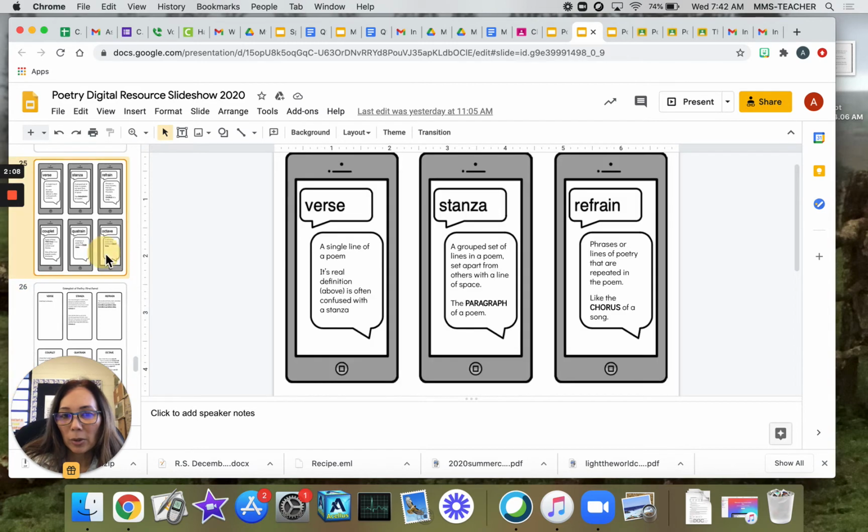Okay, the next term that we're going to go over is called refrain. The definition reads, phrases or lines of poetry that are repeated in the poem. So it's kind of like the chorus of a song. If you are familiar with music, the chorus is those lines in a song that repeat throughout the song.